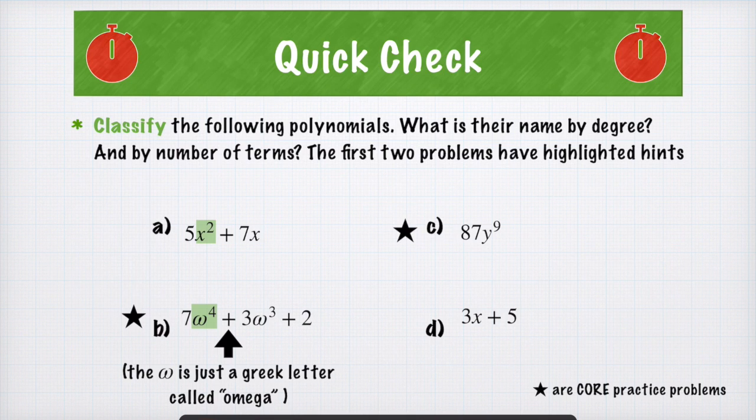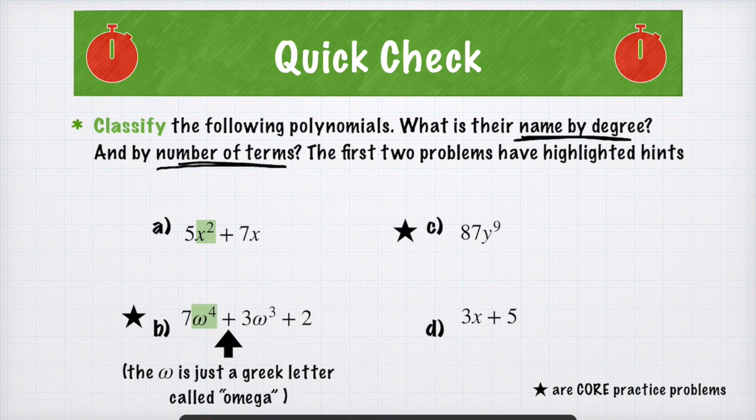Now I'm going to have you do a quick check. Pause the video, and as soon as I'm done giving the instructions, classify the following polynomials. What is their degree by name, and their name by number of terms? The first 2 of these have some highlights in here for you. So we have 5x squared plus 7x.